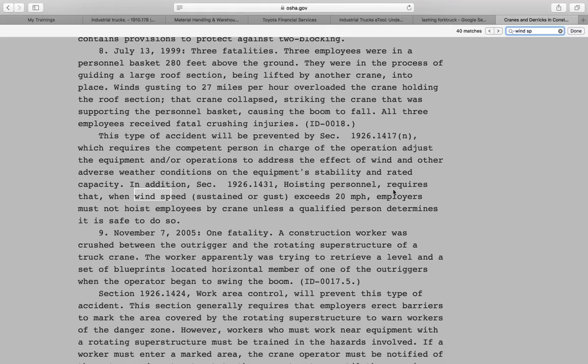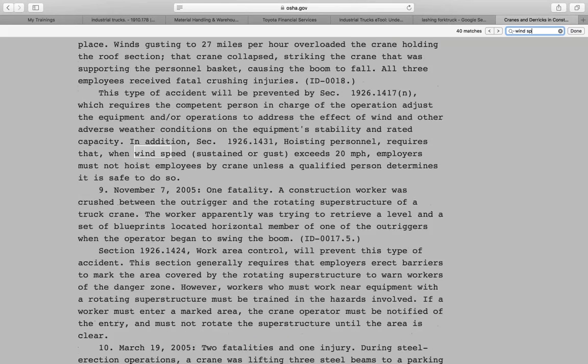For hoisting personnel, right, it requires that if wind speeds, sustained or gusts, exceed 20 miles an hour, okay, employers have to not hoist personnel unless a qualified person determines that it's safe to do so. So there you go. There's where OSHA says it. Okay, and it's 20 miles an hour. I was thinking it was 25, but it's 20 miles an hour on employees.